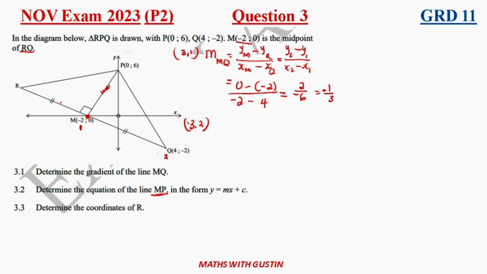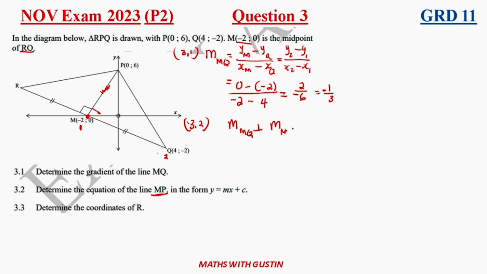If you have a look, the gradient of MQ is perpendicular to the gradient of MP. Remember the product of these two gradients must give us -1. So we are looking for the gradient of MP, which will give us -1.